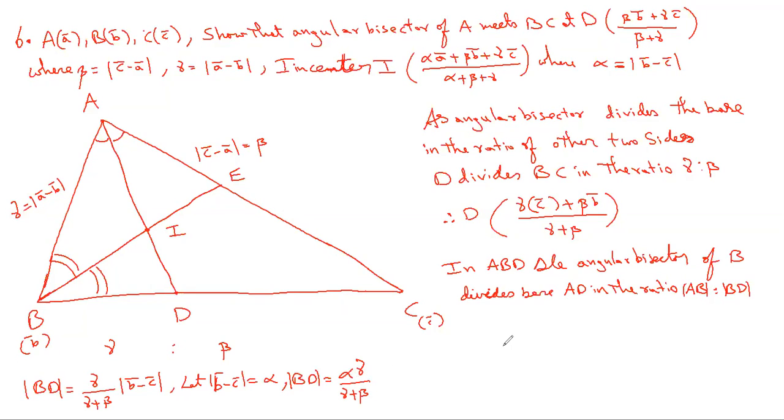So B divides AD in the ratio AB is to BD. AB is gamma, so gamma is to alpha gamma by gamma plus beta. You can simplify the ratio: cancel gamma, it becomes 1 is to alpha by gamma plus beta. Multiply by gamma plus beta, and this becomes gamma plus beta is to alpha.